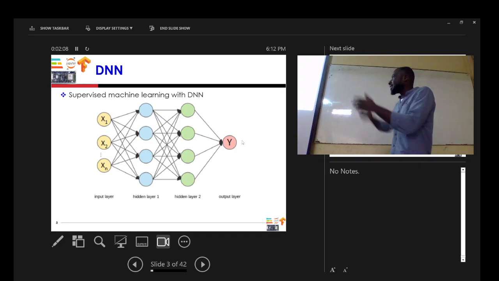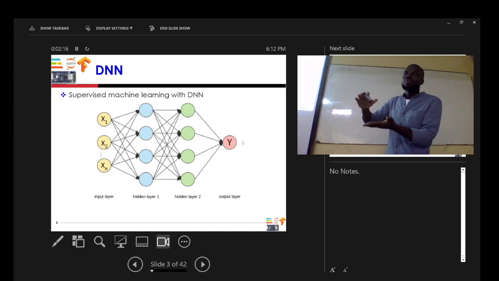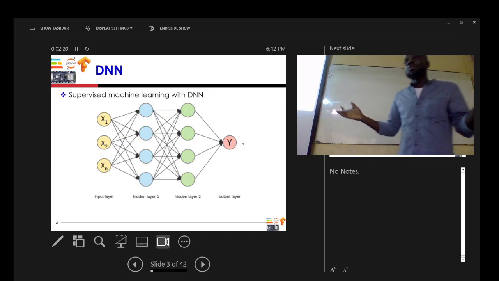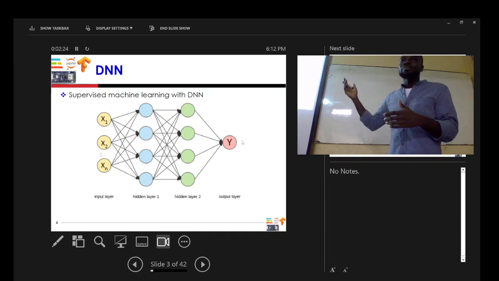So I'm helping the network to learn, right? So that is supervised. You give it the data, and then you give it the label. Very, very important. But in unsupervised, you just give it data. It doesn't know what it's doing, so it has to figure it out on its own, right?